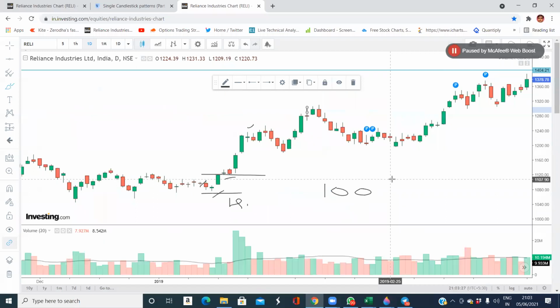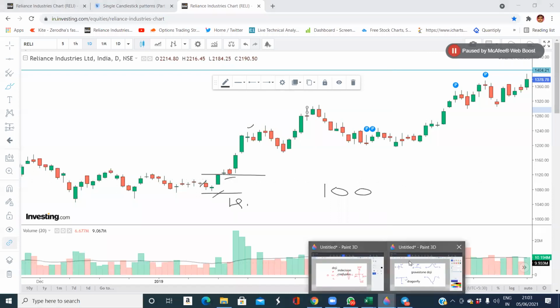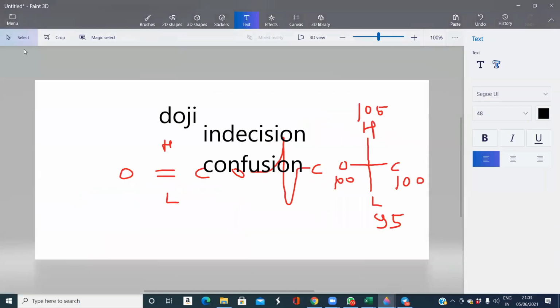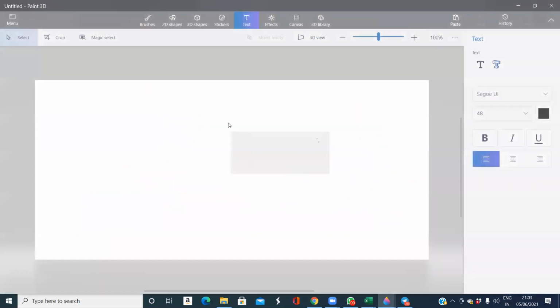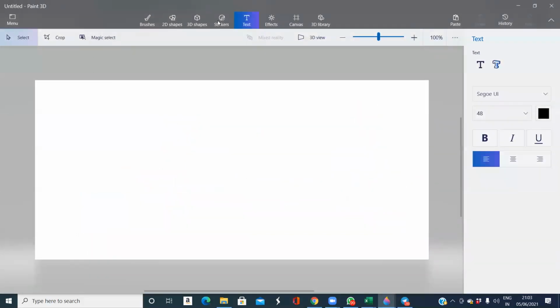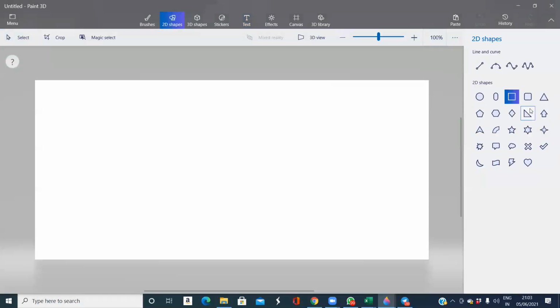So now the next candlestick pattern is called a hammer.